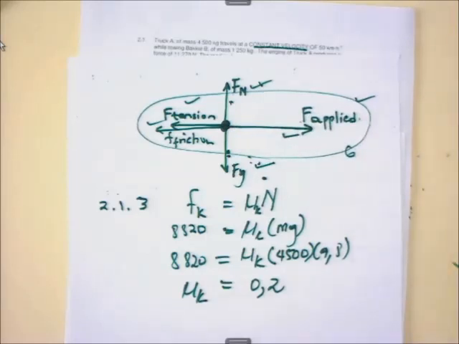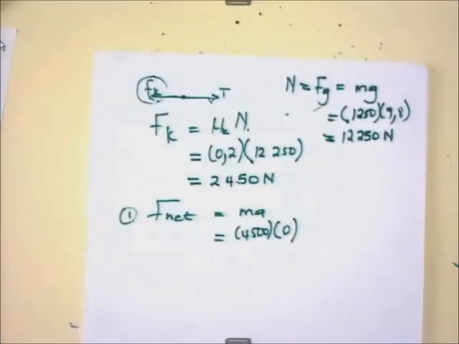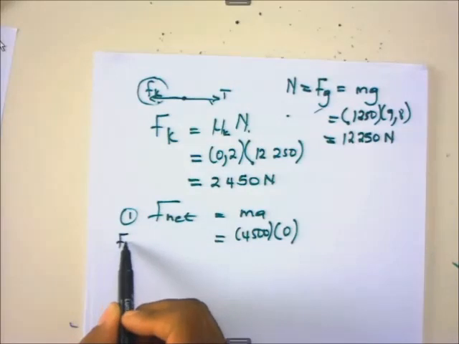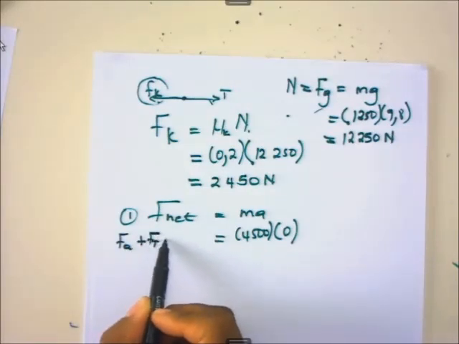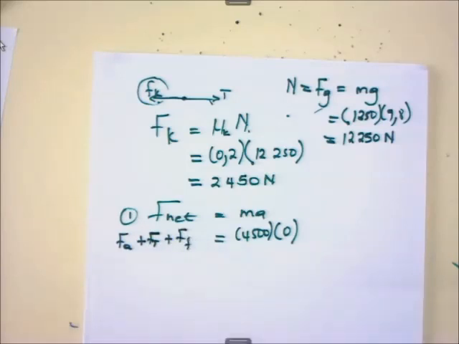Remember, the F net is the sum of all forces acting on an object. So I have F applied plus F done by the tension plus F done by the friction. I put them as positive because F net is the sum of all forces acting on an object.